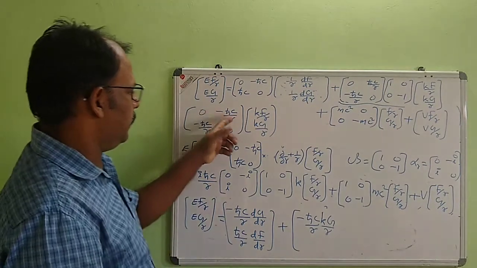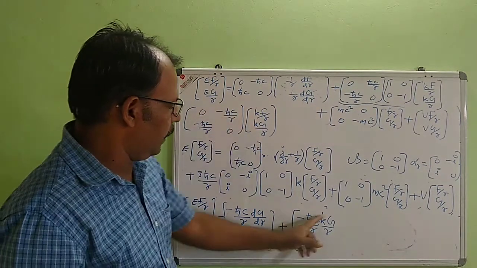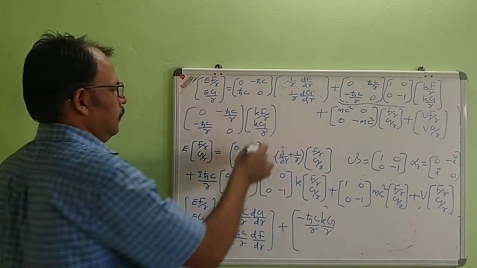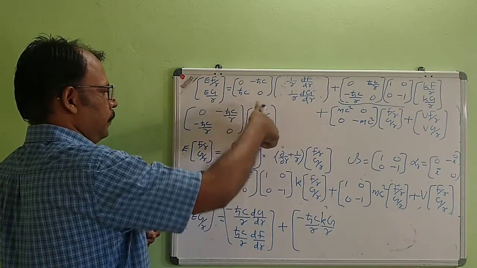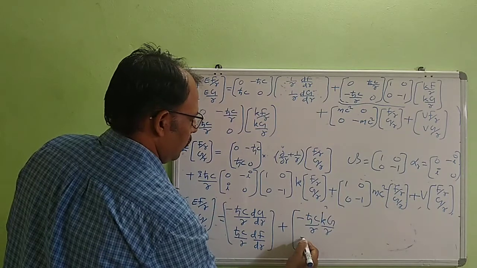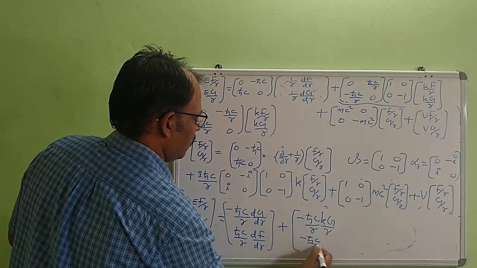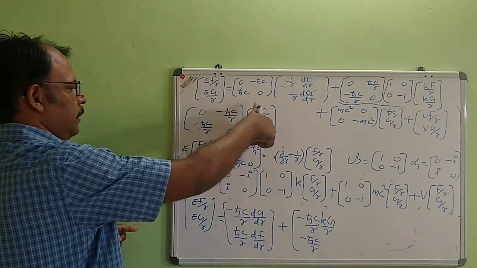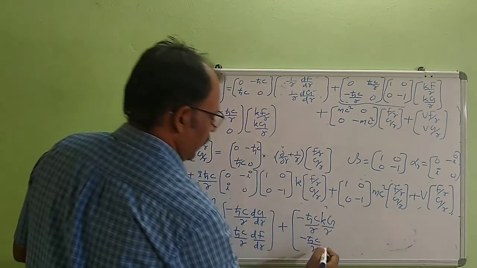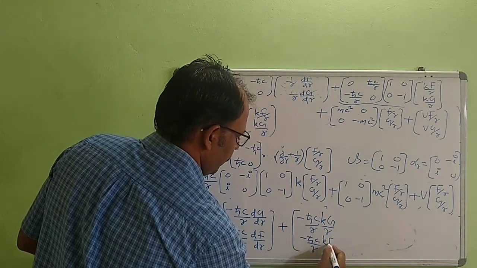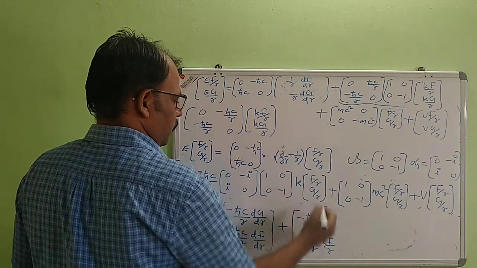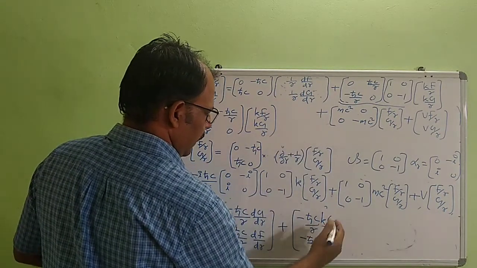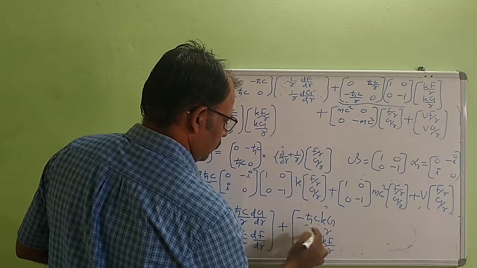Is it correct? Minus h bar c by r into K g by r. The second element will be minus h bar c by r, K f by r. Or we can write it as minus h bar c K g by r square.